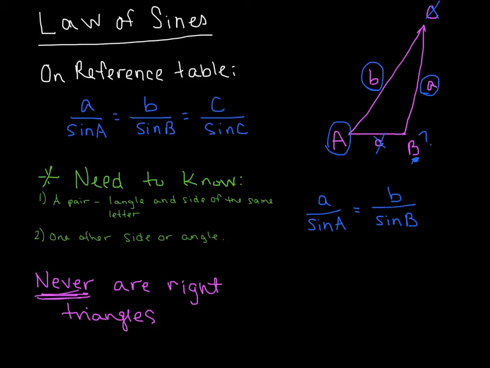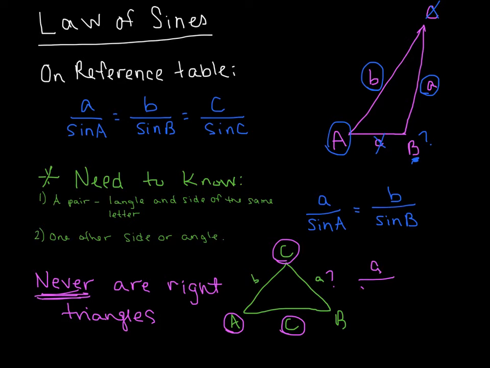So if I had another triangle, let's say I know angle A, angle C, and side C. And I wanted to find out what side A was.